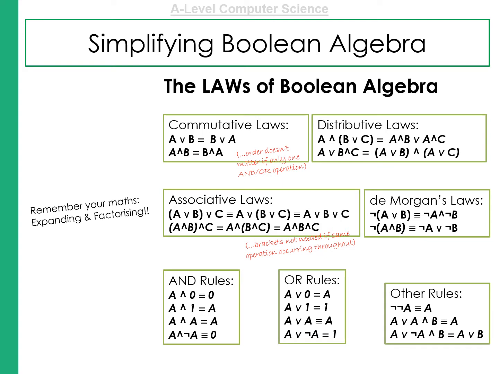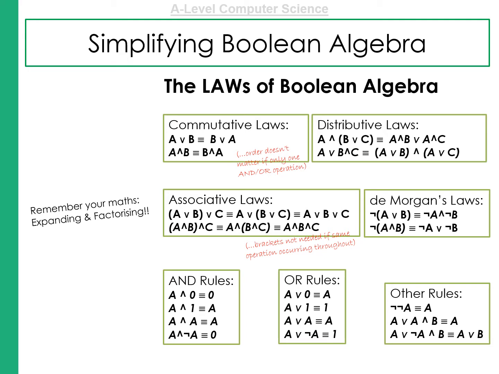Now the next two should hopefully be common to you already, the associative laws. We've got (A or B) or C is exactly the same as saying A or (B or C). You can see that we can move the brackets. It doesn't really matter. Think about when we've got 3 inputs.